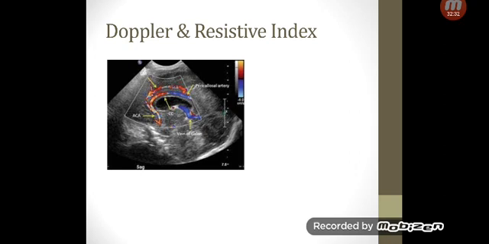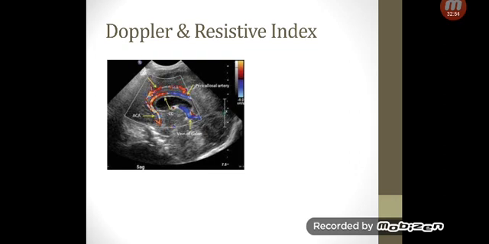Part of what I told you initially on the first slide of this presentation was that we might screen for hypoxic ischemic events using the cranial ultrasound. So this is part of how, because the resistive index is one good tool to tell us about that, and I'm going to tell you how.